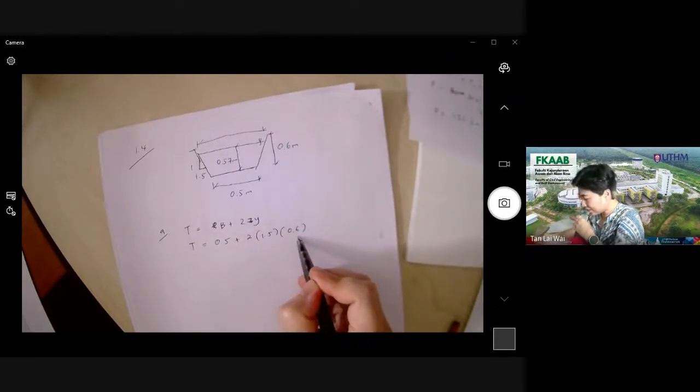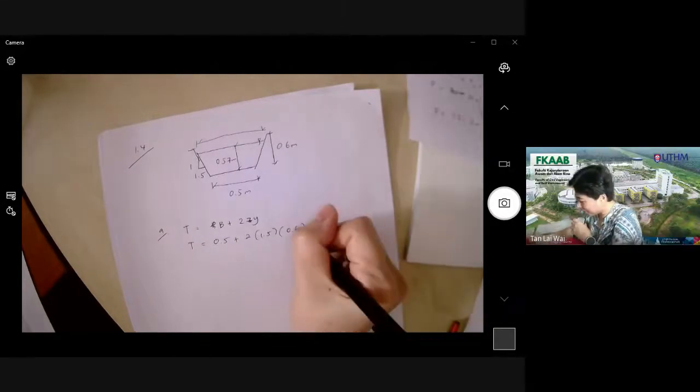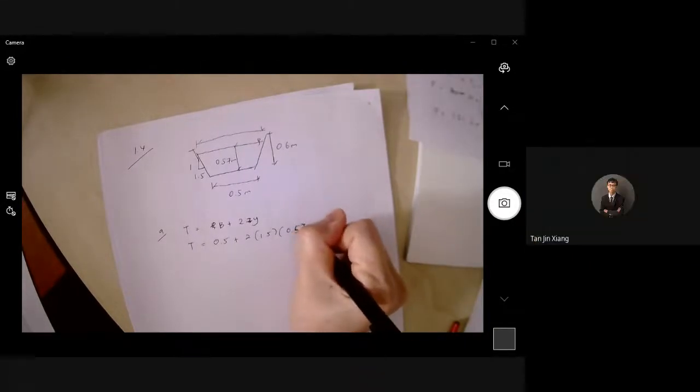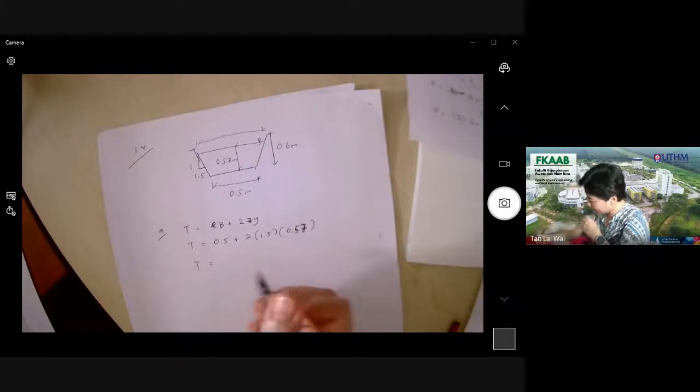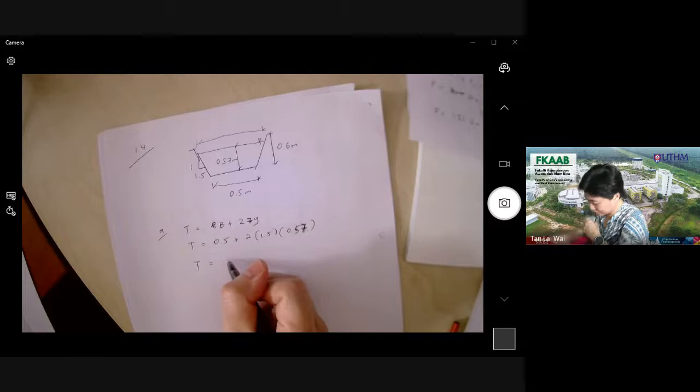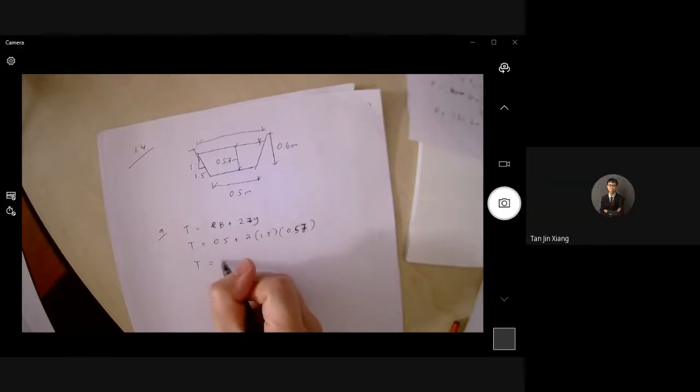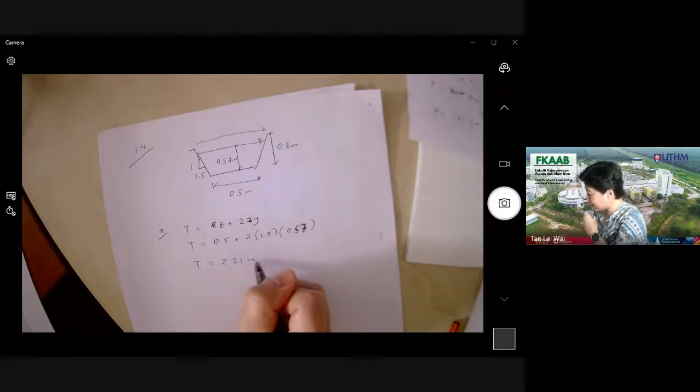Am I correct? Okay, this is 0.57. Yes. All right. Great. So, what is the answer of top width? 2.21 meter. Okay. Great. Thank you.